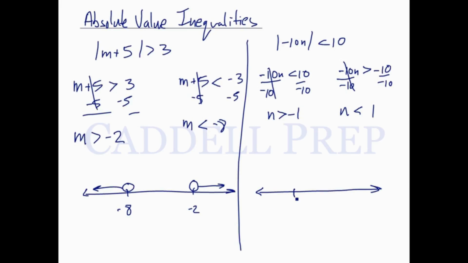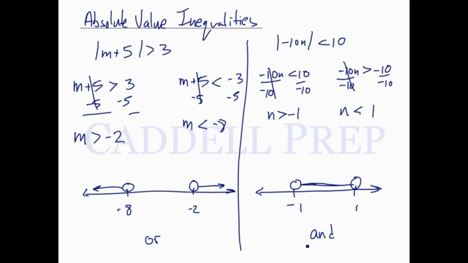So now let's graph this. Negative 1, 1. N is greater than negative 1, so it's an open circle, and it's to the right of it. N is less than 1, so it's an open circle. Then it's everything to the left of it. So here they overlap. So this is a conjunction, and the earlier one is a disjunction, or.